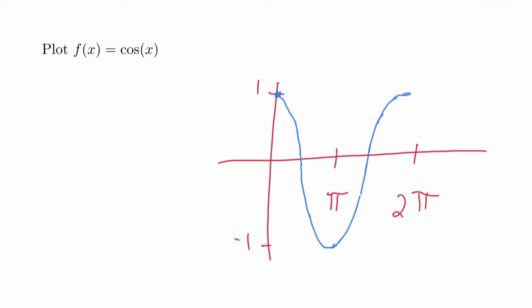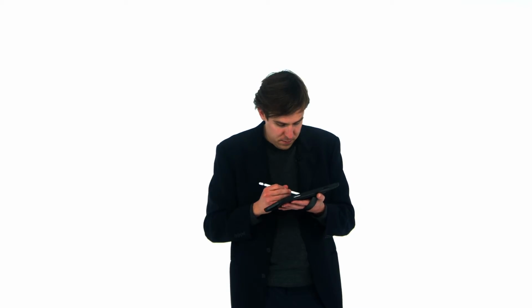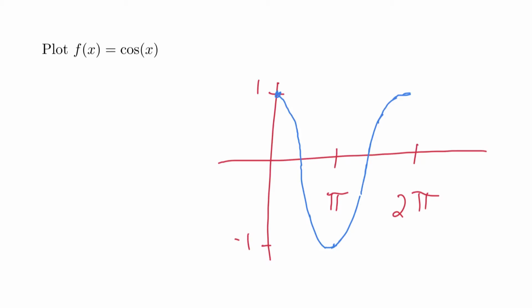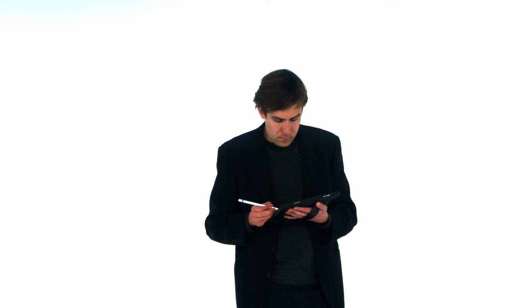So here's one period of cosine. But then again, it continues. So by periodicity, it just keeps going. I have not discussed how to compute every value on this, and it's not important to know every value. What's important is to know the basic shape of sine and cosine and to understand their periodic nature.